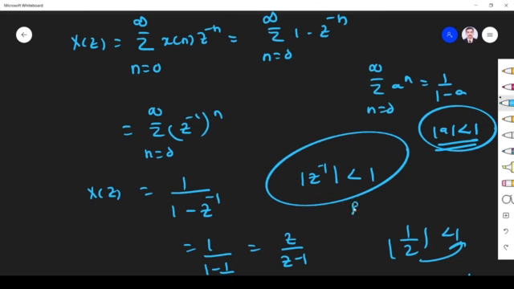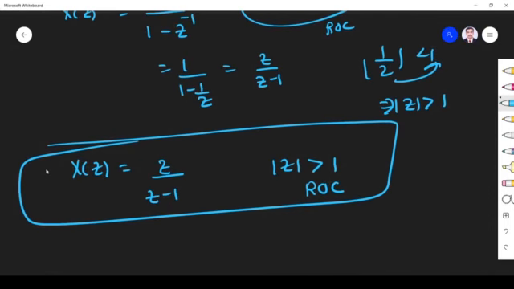So that is the ROC, where the transform exists. So X of z is equal to z by z minus 1, mod z greater than 1. So this is the procedure to find the z transform of the unit step signal.